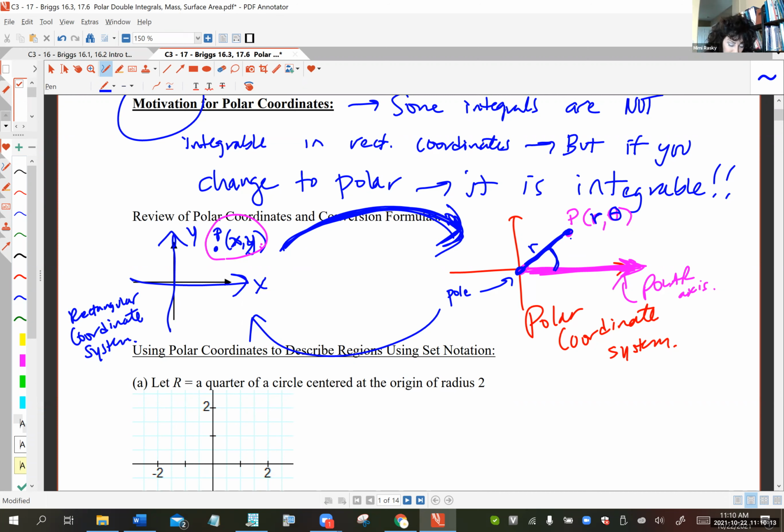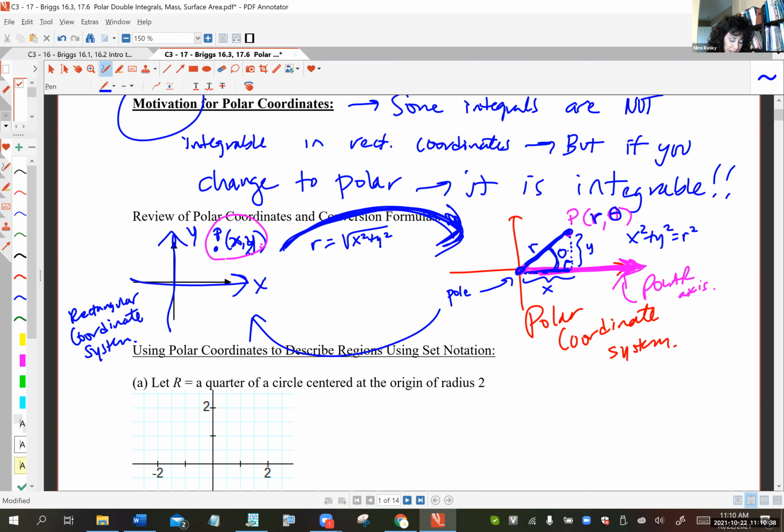If I drop a perpendicular down here in the world of polar, where I think of this leg being the y and this leg being the x of this right triangle, I hope you can see that x squared plus y squared is going to give you r squared by the Pythagorean theorem. And so r is the square root of x squared plus y squared.